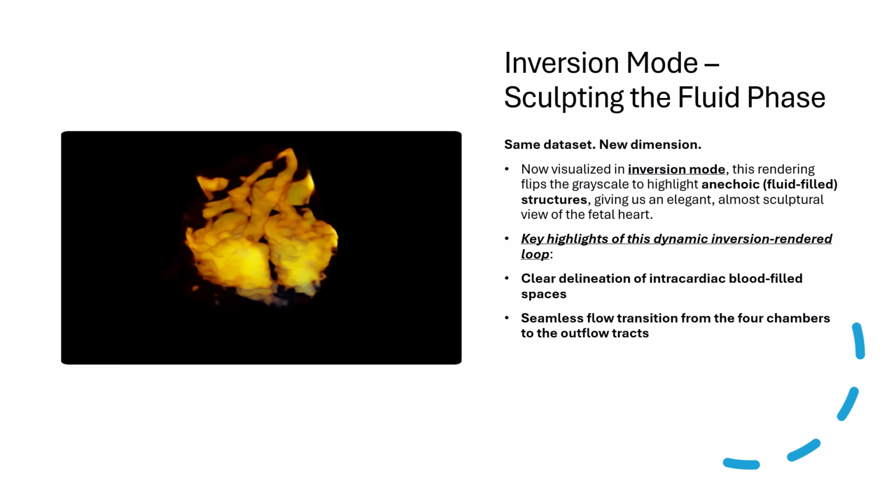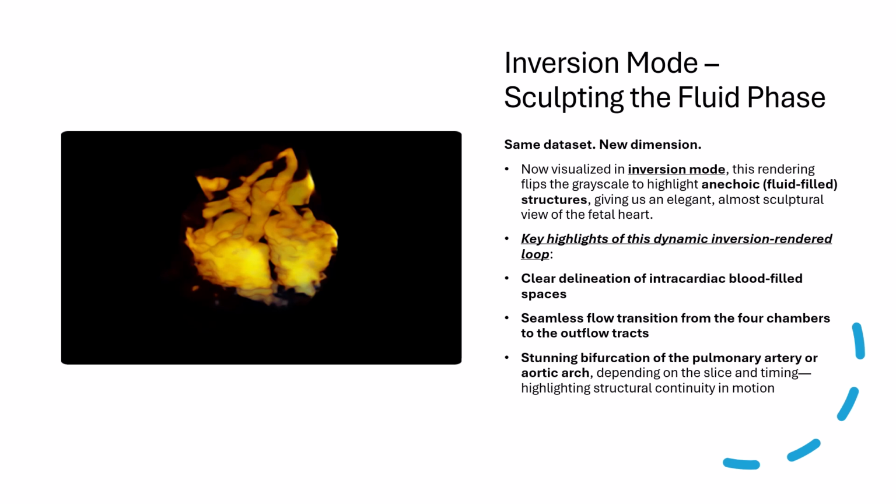What does this unlock for us? It gives us a crisp visualization of intracardiac spaces, including atria, ventricles, and valves, a seamless flow continuum from the four chambers through the outflow tracts, and in well-timed loops, a visually striking bifurcation of the pulmonary artery or the aortic arch depending on the phase and orientation.